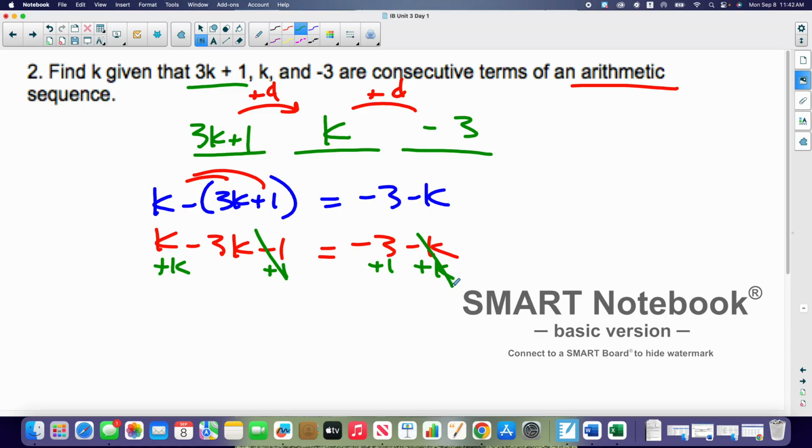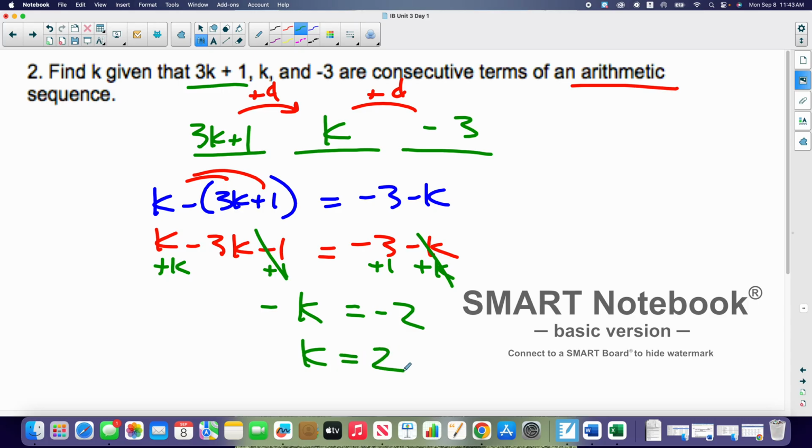K plus K is 2K minus 3K is -K. And -3 plus 1 is -2. Negative K equals -2, and so K equals 2.